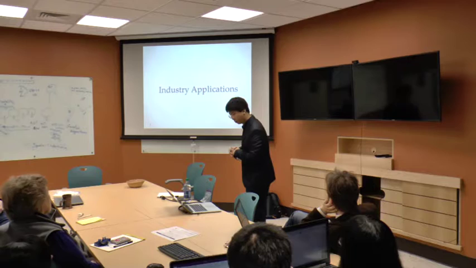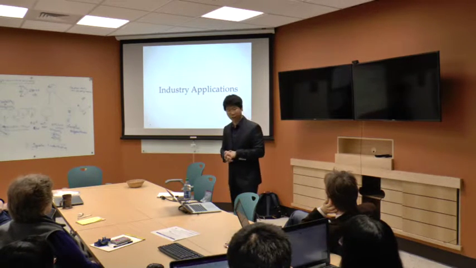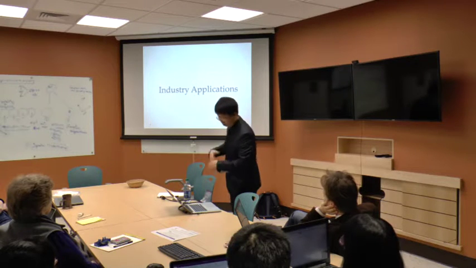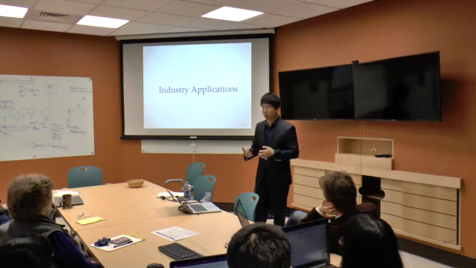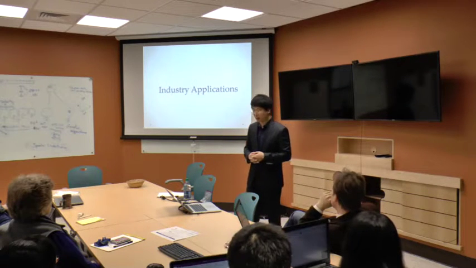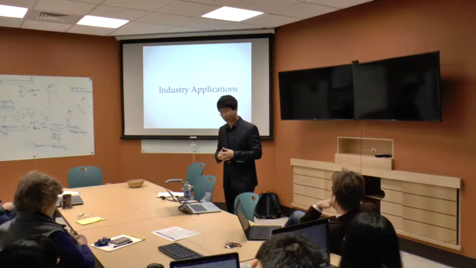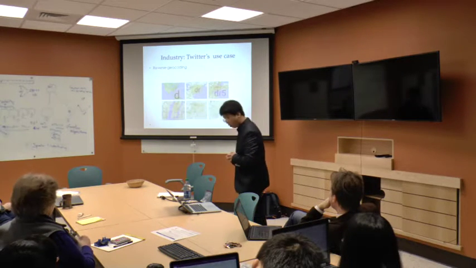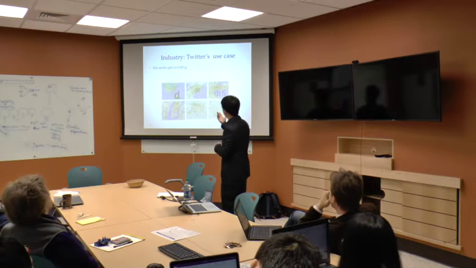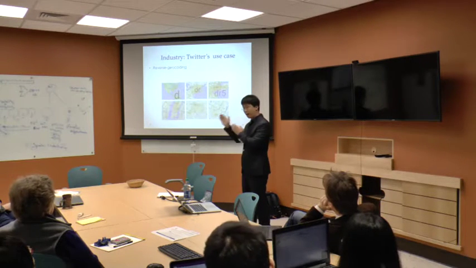So let's talk about a little bit of the fun part, industry application. How we actually can use the similar understanding or implications that we learned from this in the industry. So for Twitter's use case, it is very key, as I already described, for ad targeting.